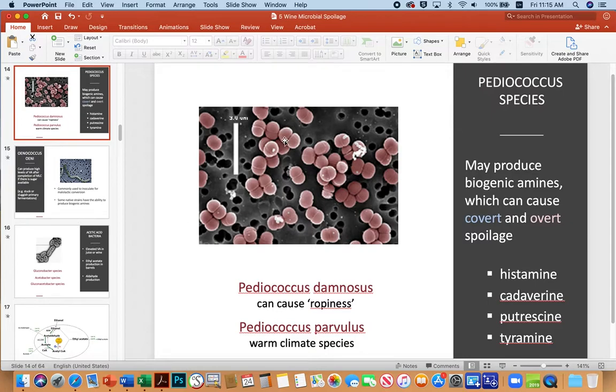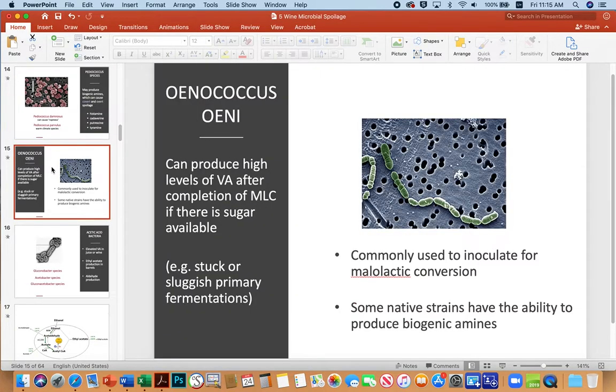So Pediococcus, as you can see here in this electron micrograph, as the name suggests, are small little gram-positive cocci. Another spoilage microbe is Oenococcus. But of course, this is a commonly used microbe to inoculate for malolactic conversion, so it's also a good guy. It's just that some native strains have the ability to produce biogenic amines, which is why I said previously that we really need to characterize your malolactic strain to make sure it won't make these foul-smelling and allergy-inducing, etc., biogenic amines.